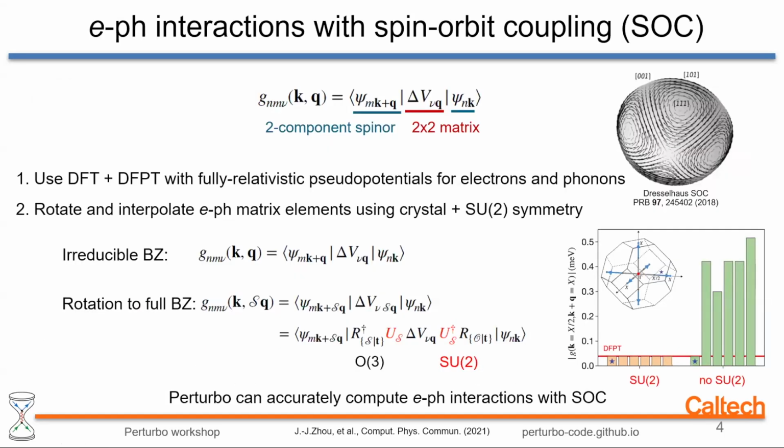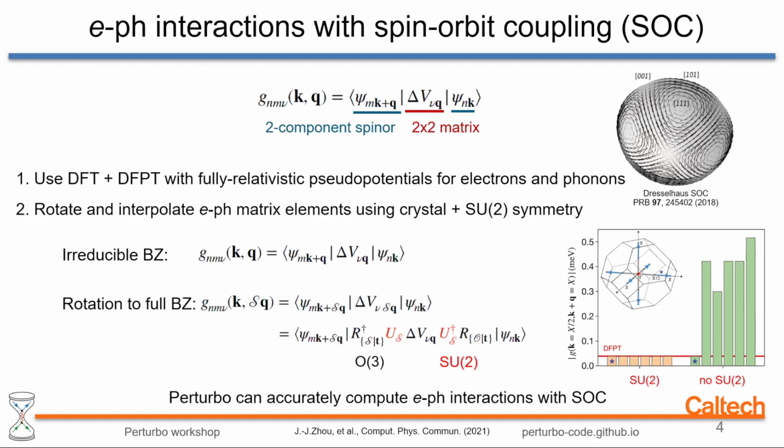So spin-orbit coupling can be very complex. On the right here, we have the visualization of Dresselhaus spin-orbit coupling in III-V type semiconductors. When we include spin-orbit coupling into our electron-phonon interactions, our g electron-phonon coupling matrix element, the wave functions become two-component spinors, and the phonon perturbation potential becomes a 2x2 matrix.